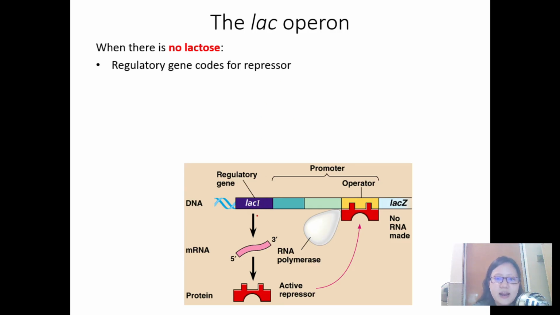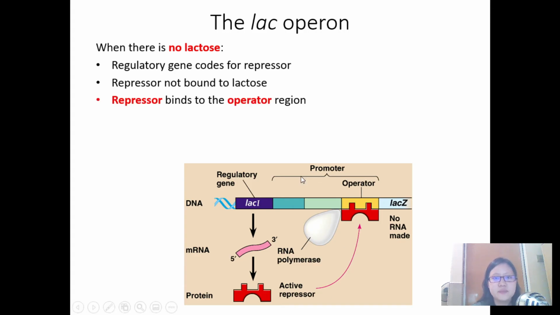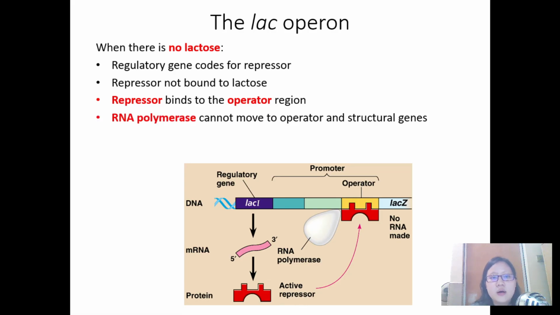Now, lac I is transcribed into mRNA, translated into a protein, which is a repressor, and the repressor, as you can see, binds to the operator. Now, the repressor is active as it is not bound to lactose. RNA polymerase can bind to the promoter, but it cannot move to the operator and to the structural genes.